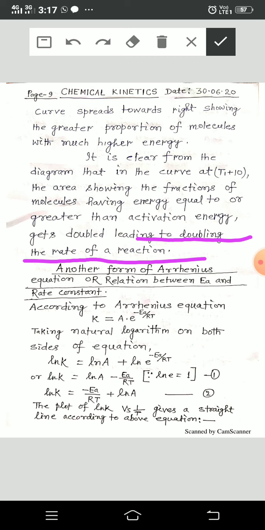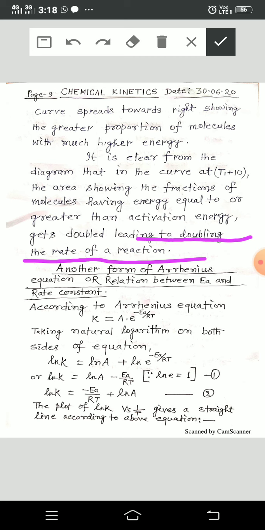And when the rate of reaction increases, the rate constant will increase, because the rate of reaction is directly proportional to the rate constant. With the help of the Arrhenius equation, we will learn next day the relation between activation energy and the rate constant, and numericals will be solved on that basis.